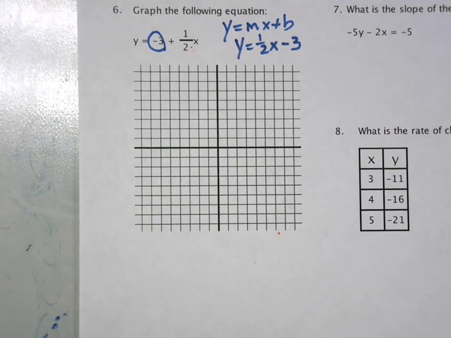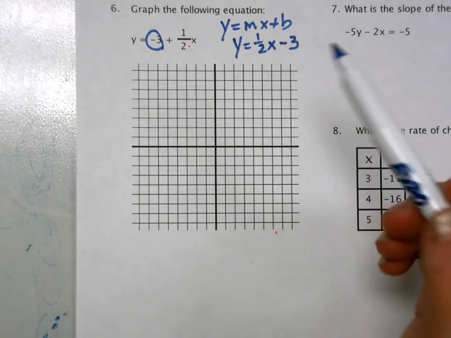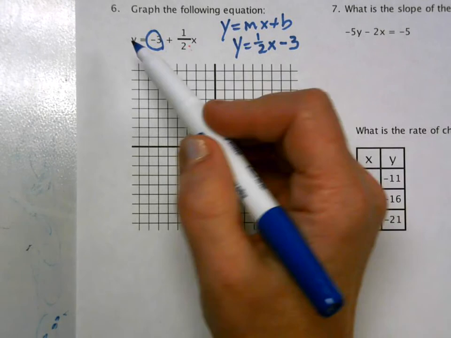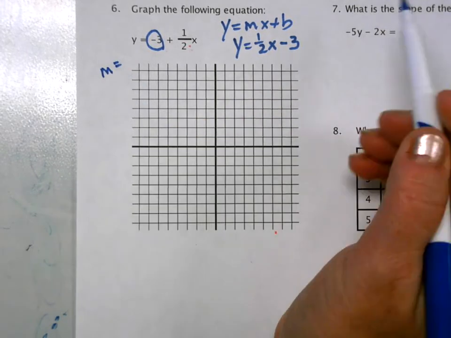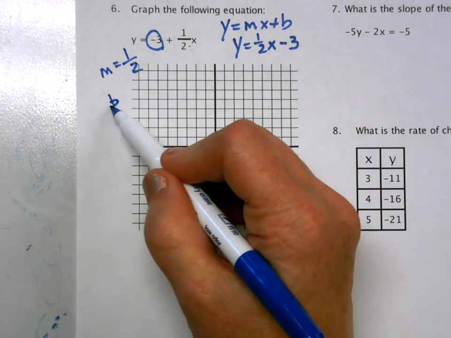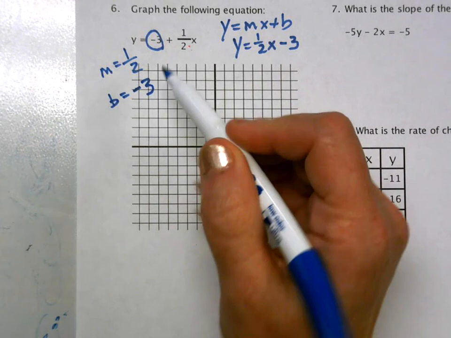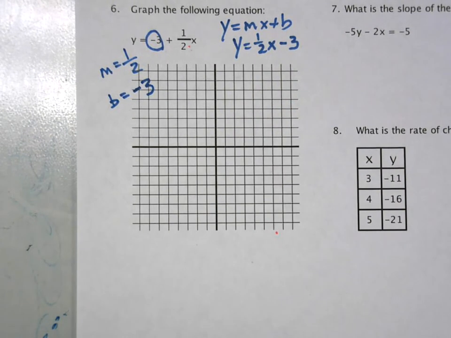So now we're trying to graph it. What's my slope? 1/2. And what's my y-intercept? -3. So where am I going to start? Before I can use my slope, I have to first have a point.